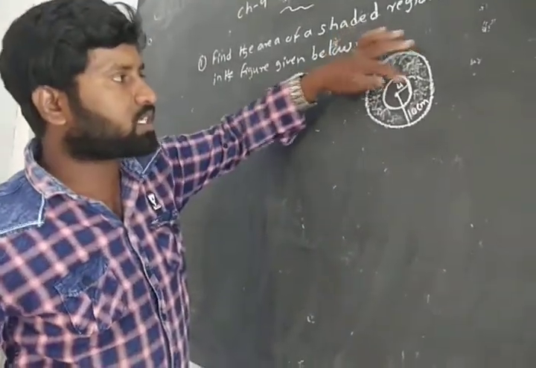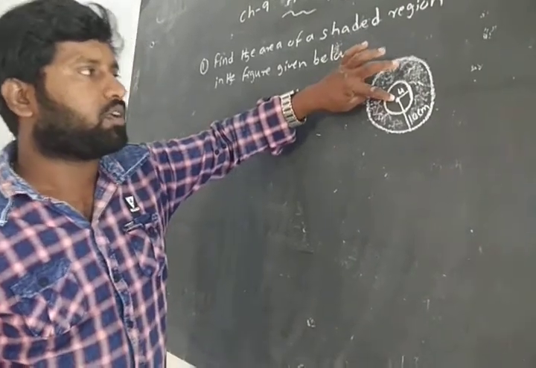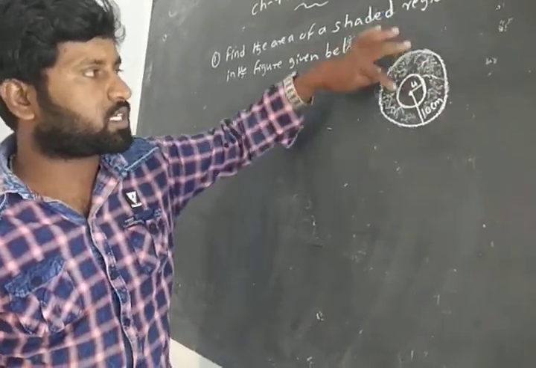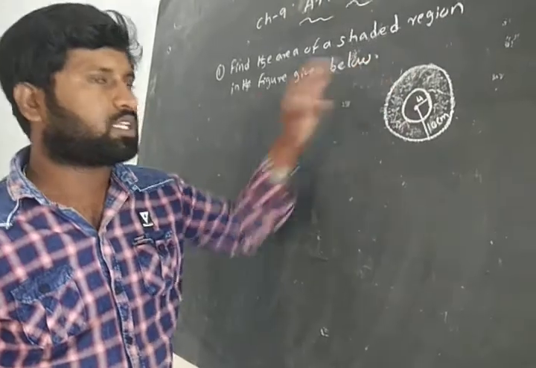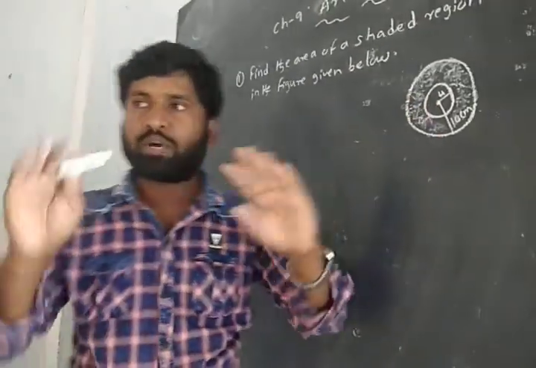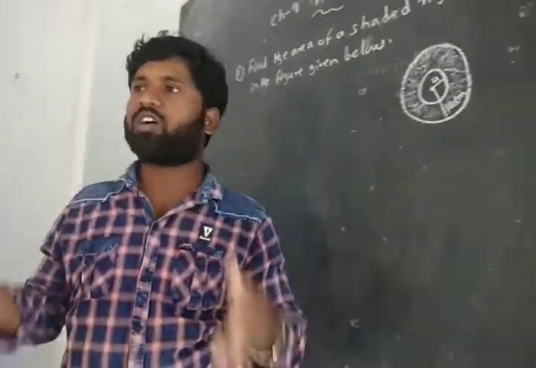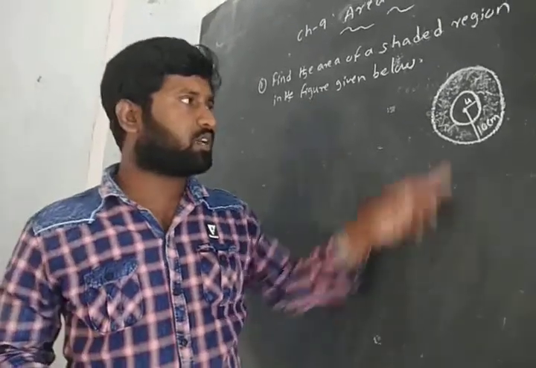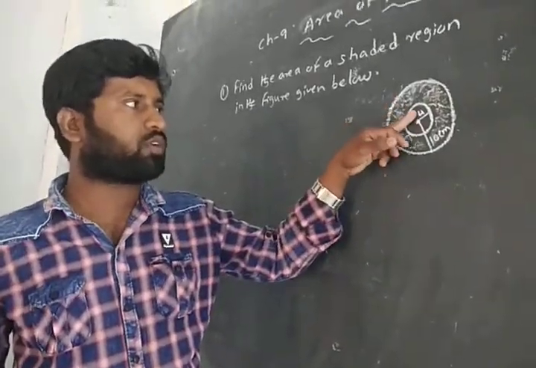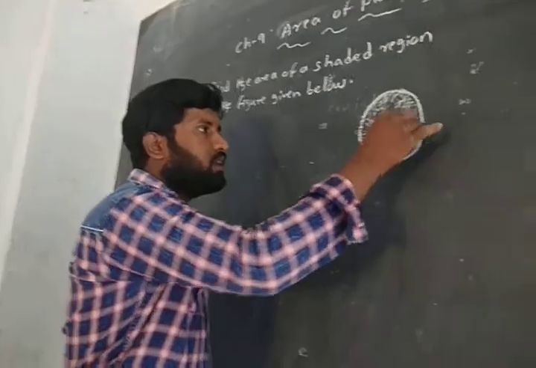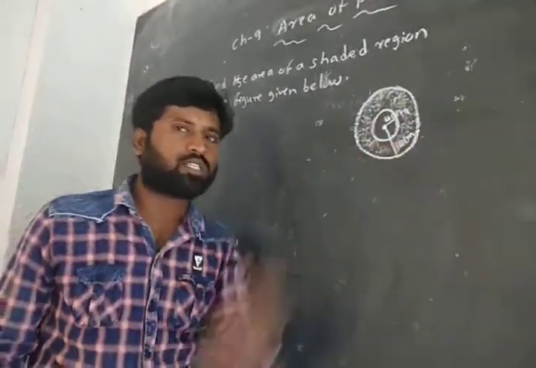Circles with the same center but different radii are called concentric circles. The smaller circle radius is 4 centimeters and the larger circle radius is 10 centimeters.